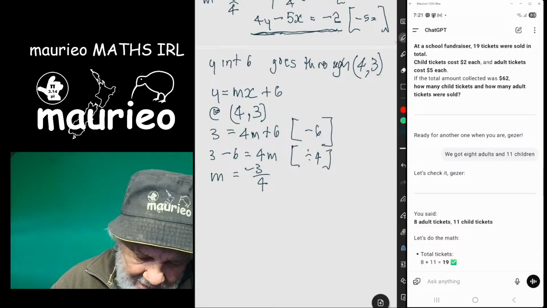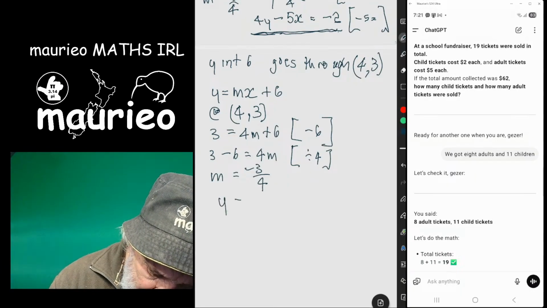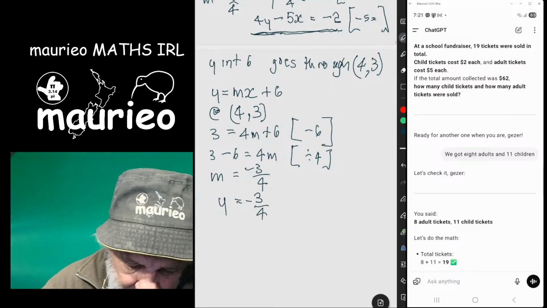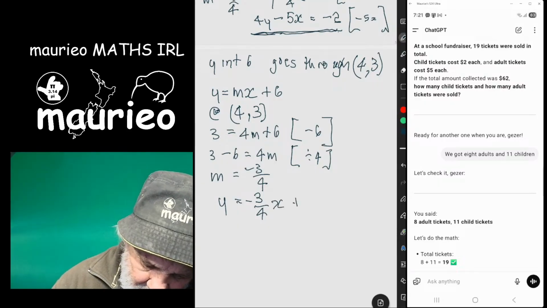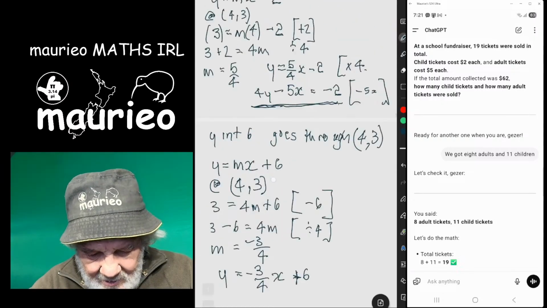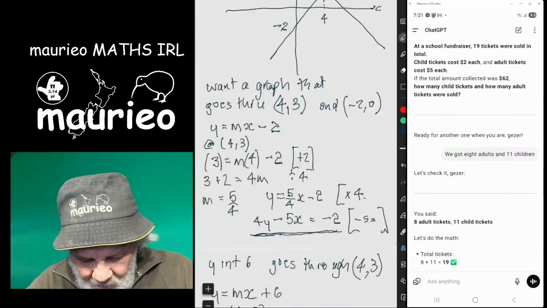Okay, so our equation, y equals negative 3 over 4x plus 6. And if we look at our equation, we can see that that's a negative gradient.